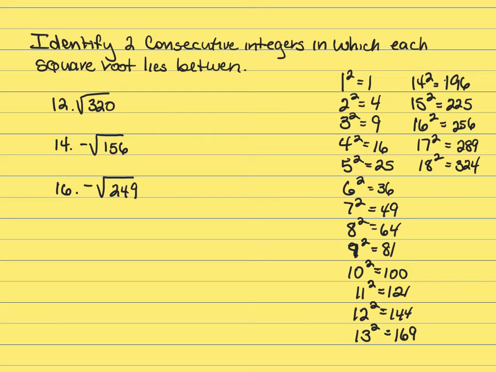Now, the directions say to identify two consecutive integers in which each square root lies between. So if you look at number 12 and you see this number is 320, you're going to go over to our list and find numbers over here, down this column and down this column, that 320 lies between.